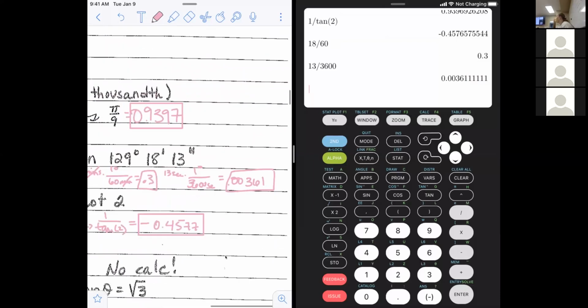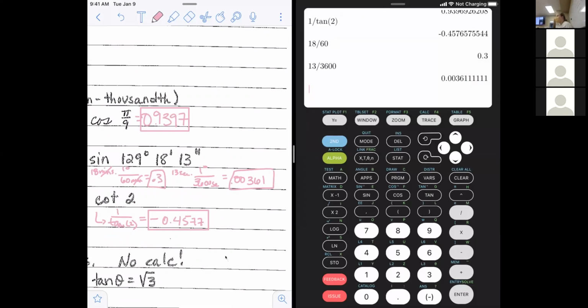Now I have my decimals. I made my minutes and seconds decimals, but now I need to add them to the degree and add them together. And so I'm essentially doing sine of 129.3 plus the 0.0036 is going to be 129.3036.